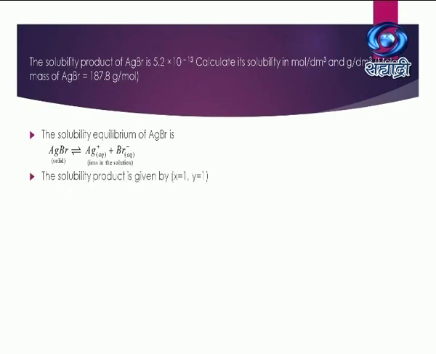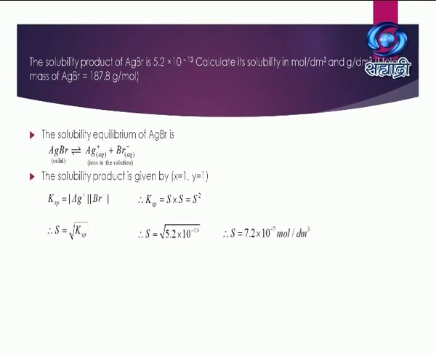The solubility product is given by x is equal to 1, y is equal to 1, so Ksp is equal to S into S, that is S square. So S is equal to square root of Ksp. So substitute the Ksp value. S is equal to square root of 5.2 into 10 raised to minus 13.